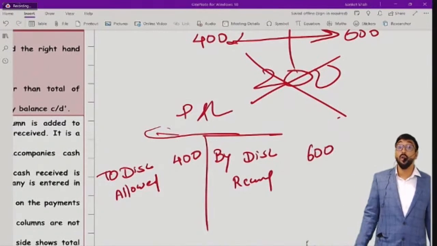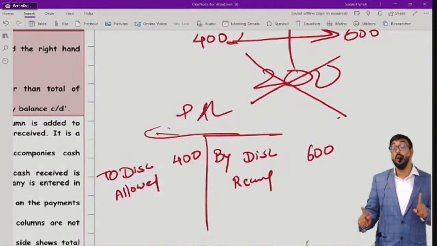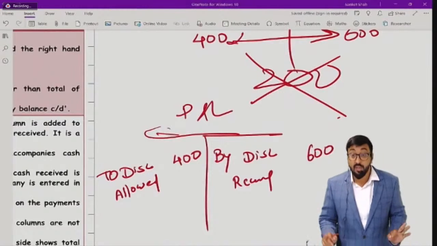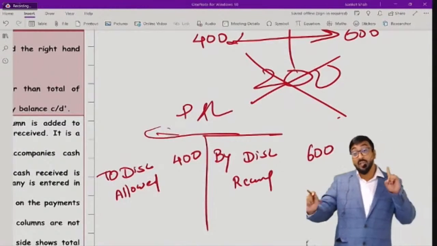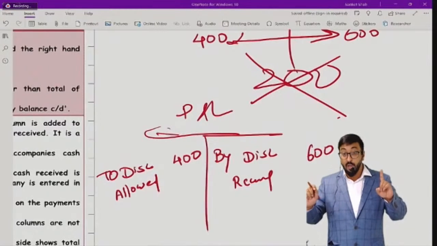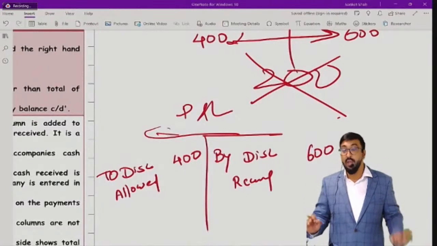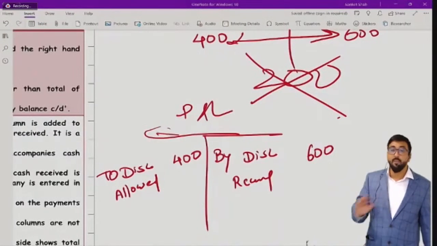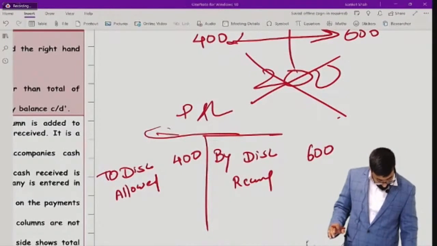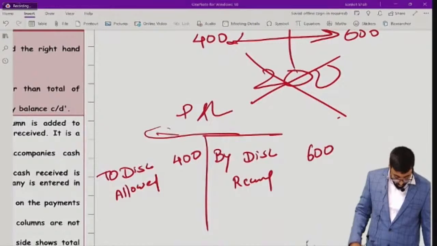Accounting is a language, beta: debit, credit only. You should not take net off. Don't balance. Write it down in the comment section. Beta, receipt and payment, you can balance, but discount allowed and discount received, you can't balance, sir. You can't balance. Okay. Sir, how do you make such a beautiful PPT? By experience, beta.